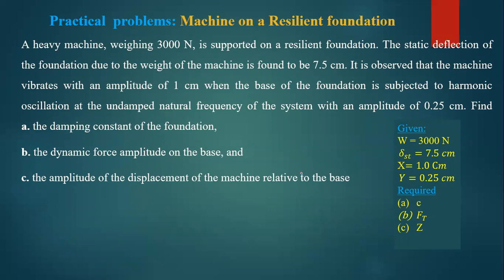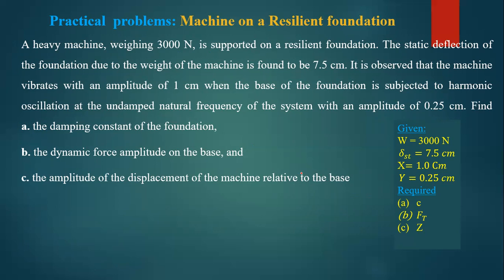The static deflection of the foundation due to the weight of the machine is found to be 7.5 centimeter, that is delta ST. It is observed that the machine vibrates with an amplitude of 1 centimeter, and the base of the foundation is subject to harmonic oscillation at the undamped natural frequency of the system, with amplitude of 0.25 centimeters.